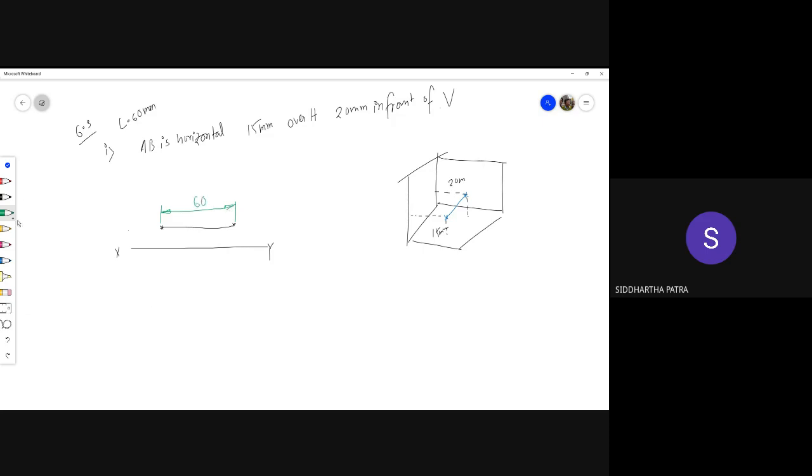Okay, and these are the projection lines.